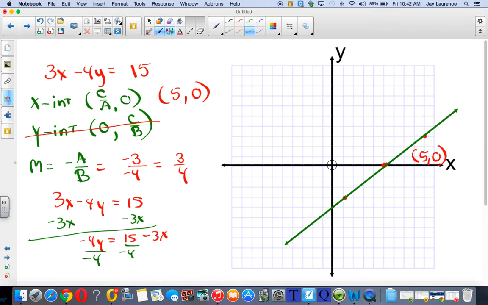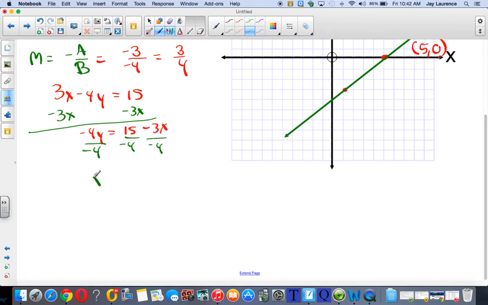All right, let's see here. It looks like I'm going to get negative 3 3/4 as my y-intercept. It's a little bit ugly. And a positive 3/4 x.